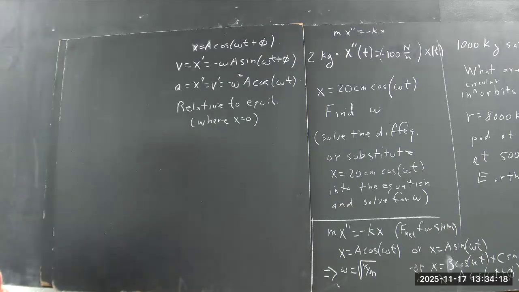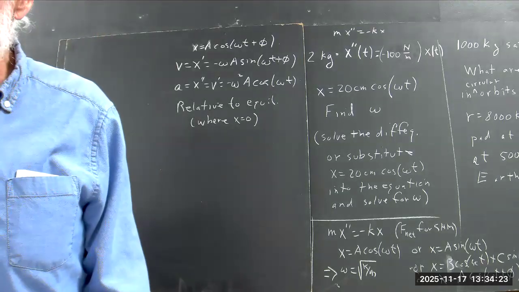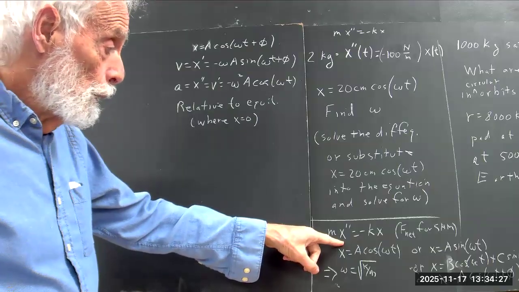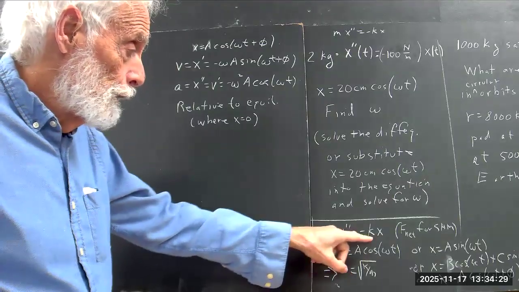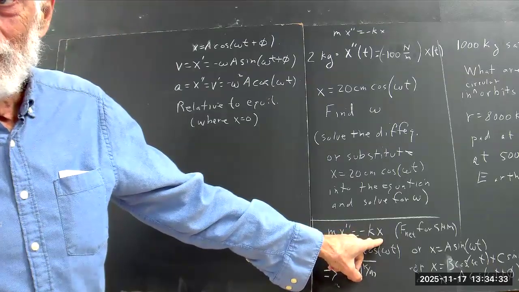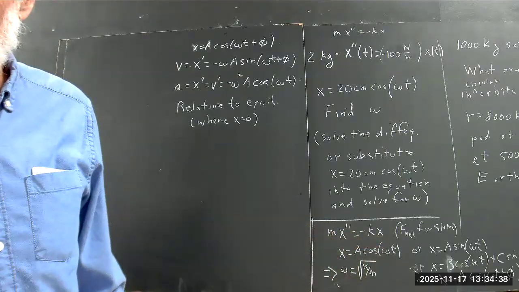Why is equilibrium where x equals zero? Because equilibrium is where acceleration is zero. Your acceleration is x double prime, and the only way the acceleration here is going to be zero is if x equals zero, right? So x equals zero at your equilibrium position.